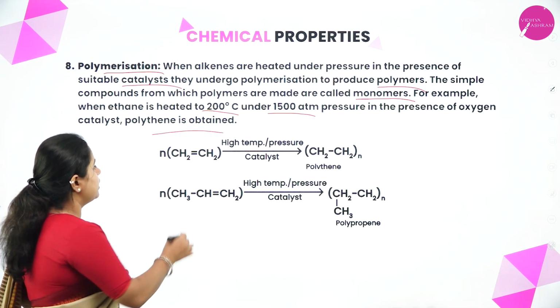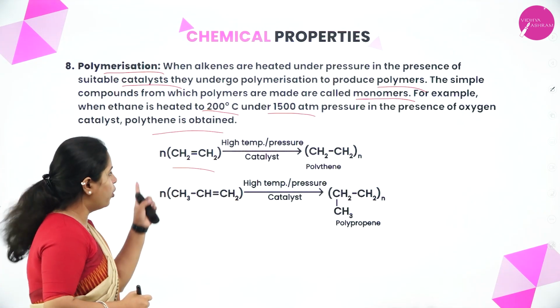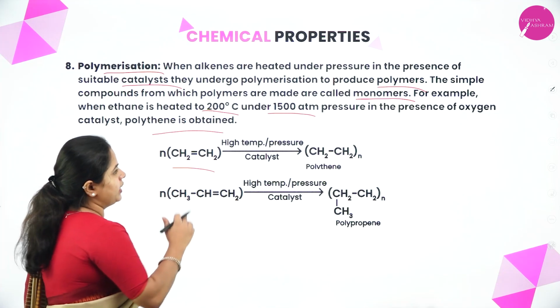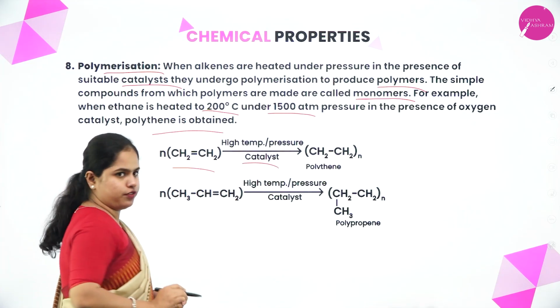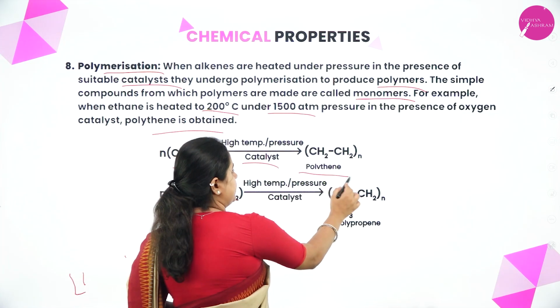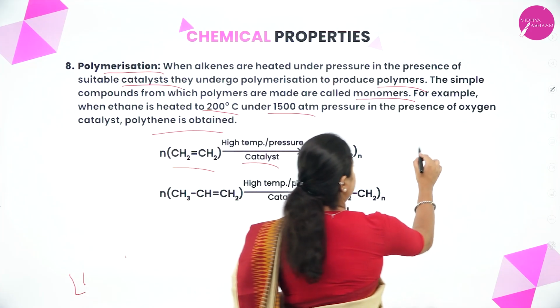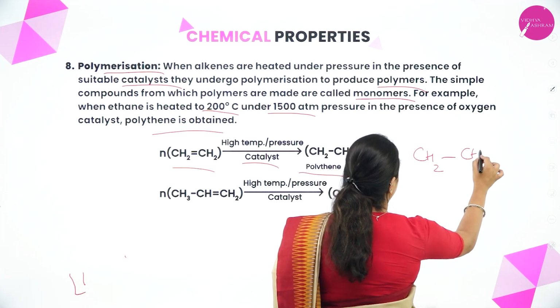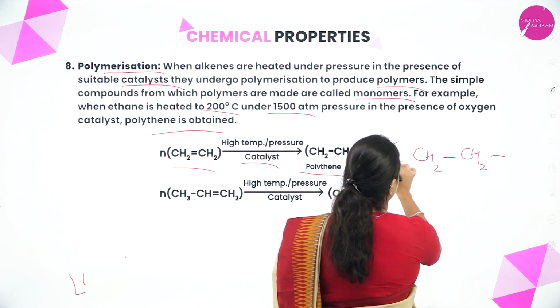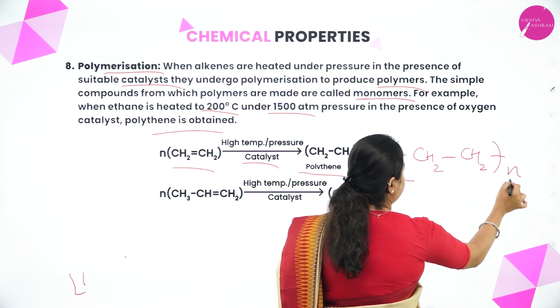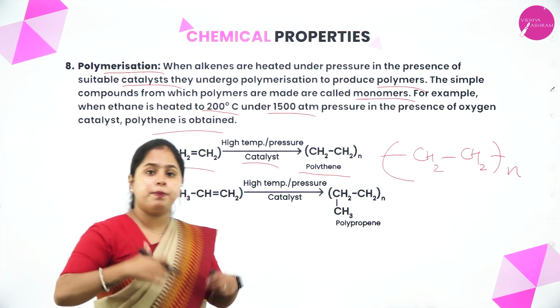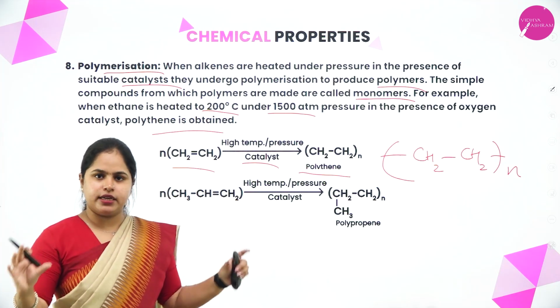So what you can see here, N molecules of ethene are taken. Under high temperature and pressure in the presence of a catalyst, you obtain polyethylene. As you can see here, it is written CH2CH2 N times. That means this is a monomer which repeats N times, and you will get a polymer.